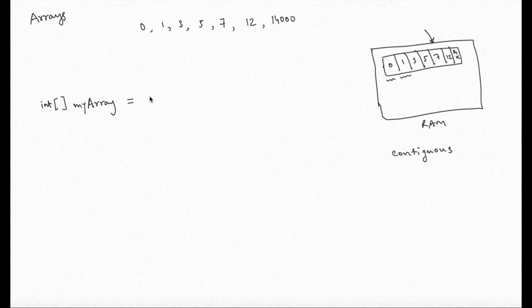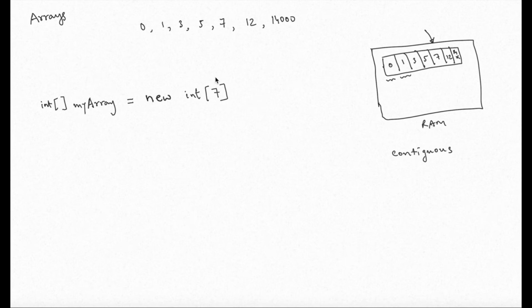In order to define our array, we first say new, which is a keyword that allows us to create a new array. Then we say int, and inside the square brackets we say how long we want our array to be, how many elements we want our array to be able to store.